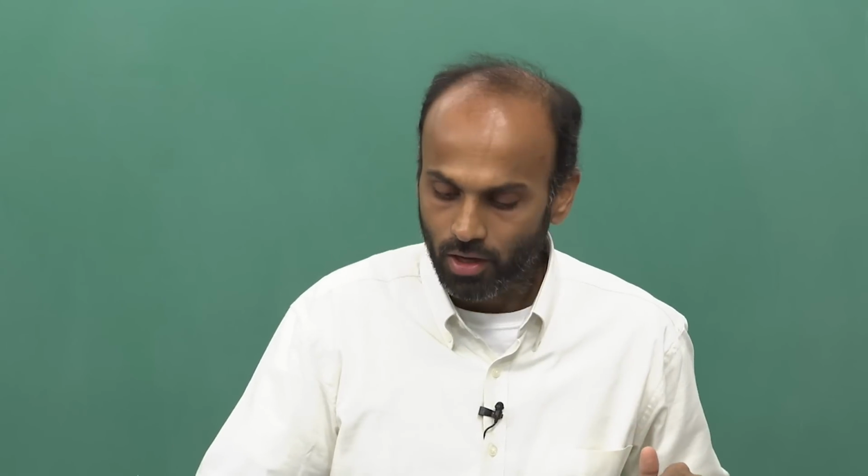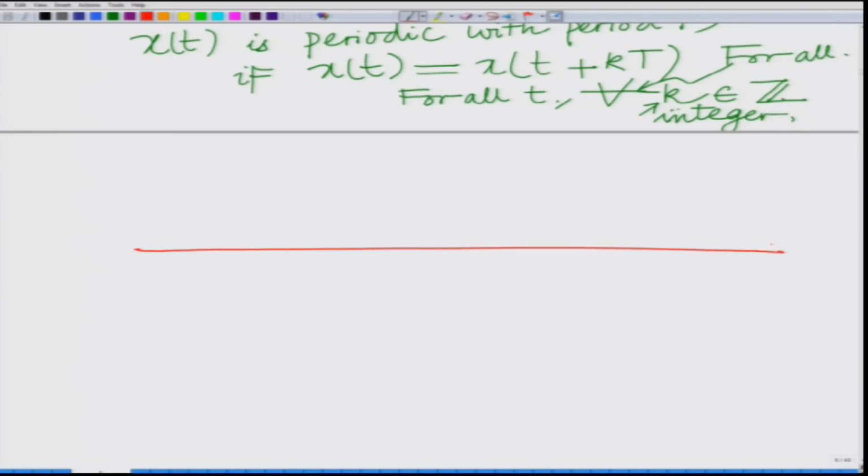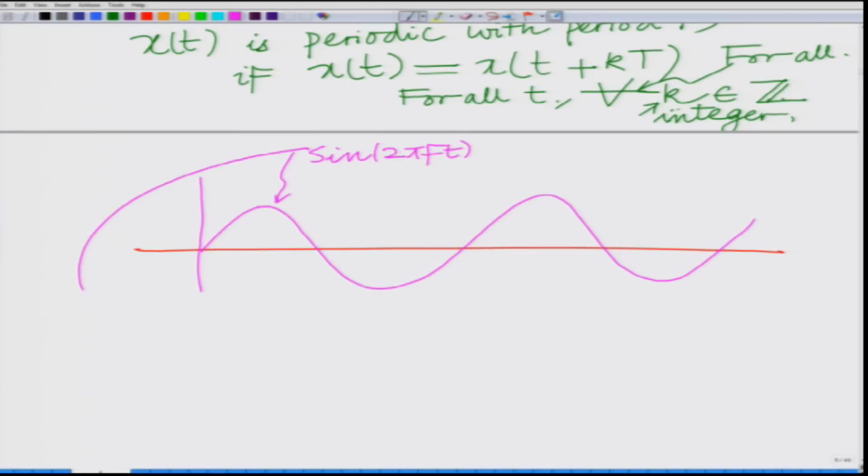For instance, one of the very popular examples of a periodic signal is a sinusoidal signal, that is, if you have sin 2 pi f t, this is a periodic signal.